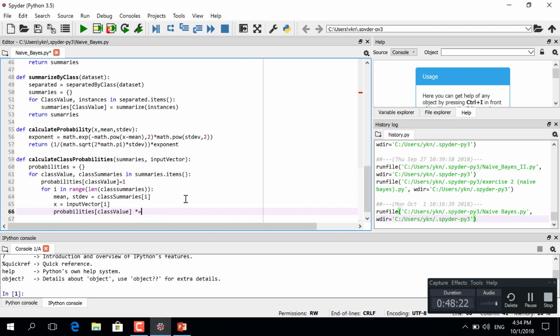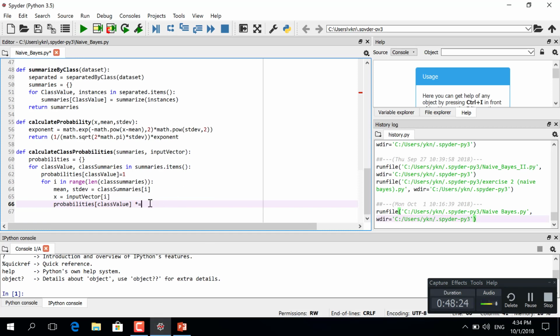Here it is stated in Python by using star equal to.